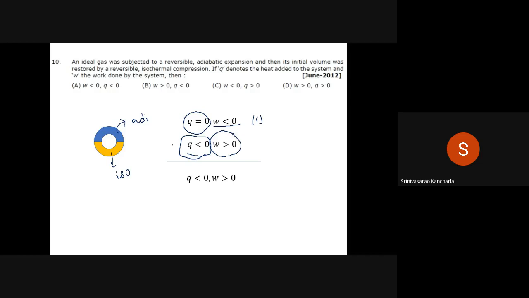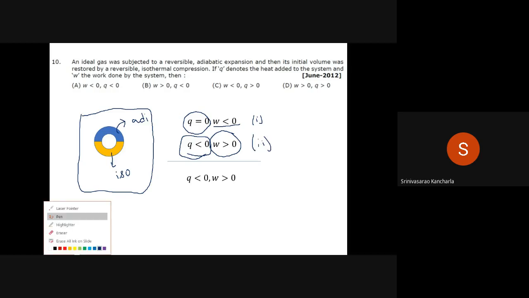Now, if you want the total change, you need to consider the changes in stage 1 and stage 2 together. In terms of Q, one is equal to 0, another is less than 0, so the combination will be less than 0. This is straightforward, isn't it? Now here you have two processes.